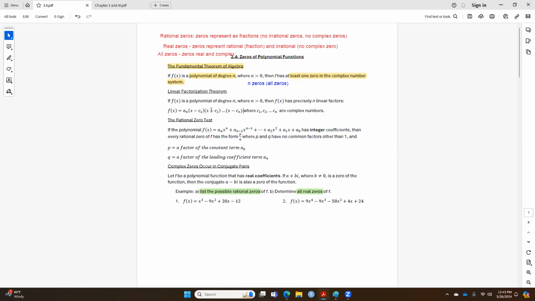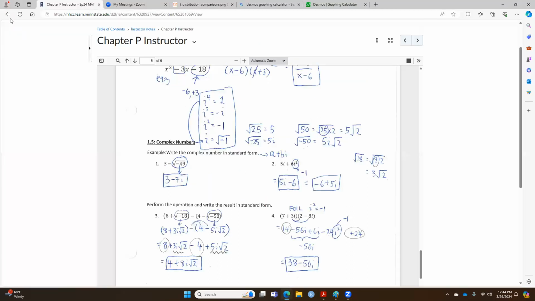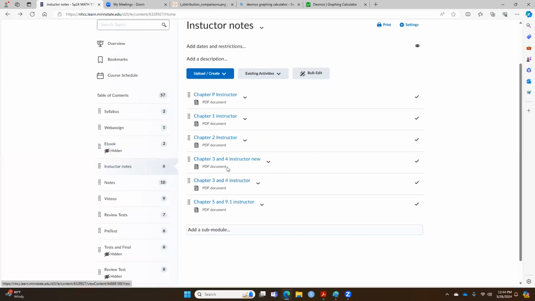If your zero is minus 2, then it's x plus 2. And you find out this linear factor form has this a_n. This is where some students asked me questions in your homework, so let me bring out the 3.3 notes so you can see what I'm talking about.